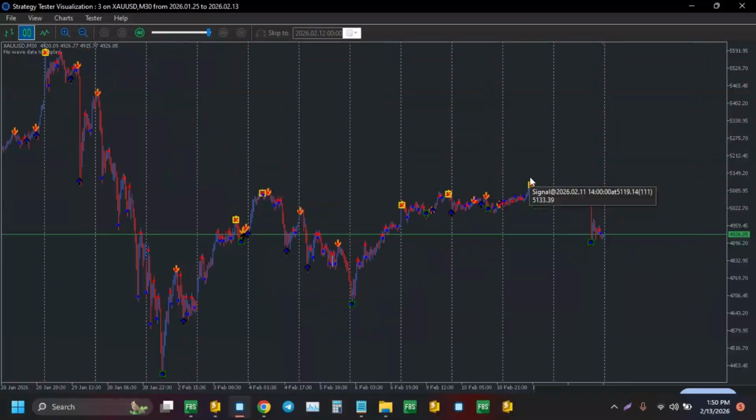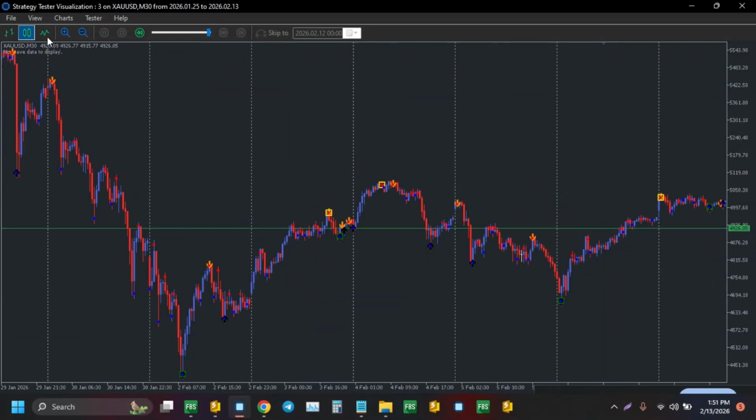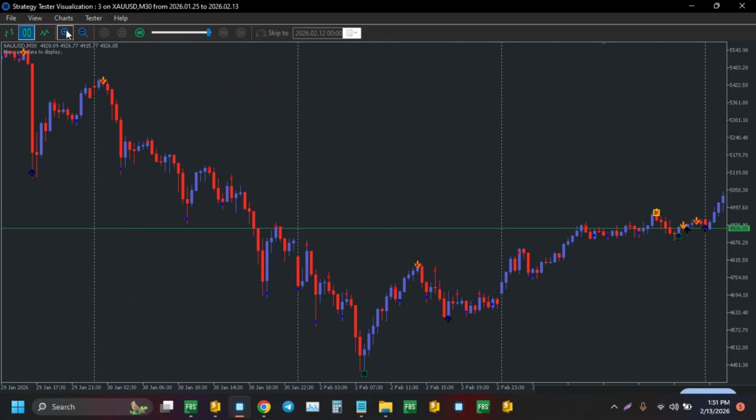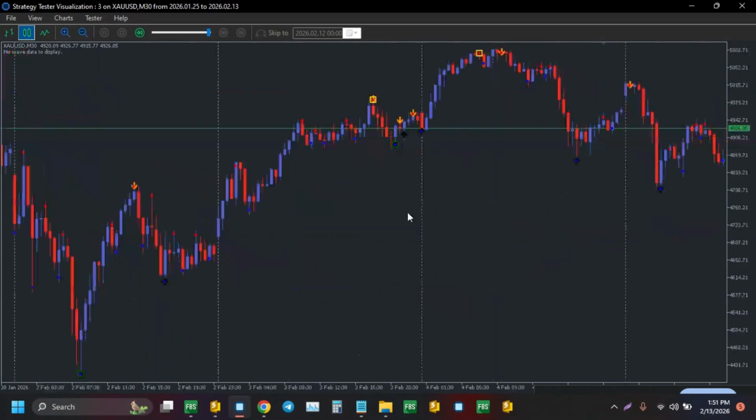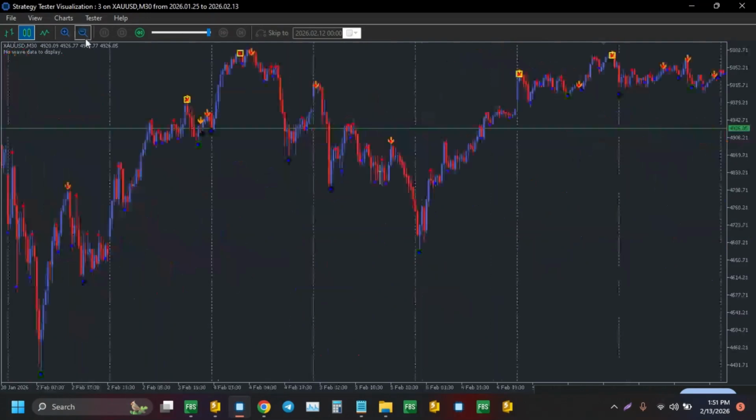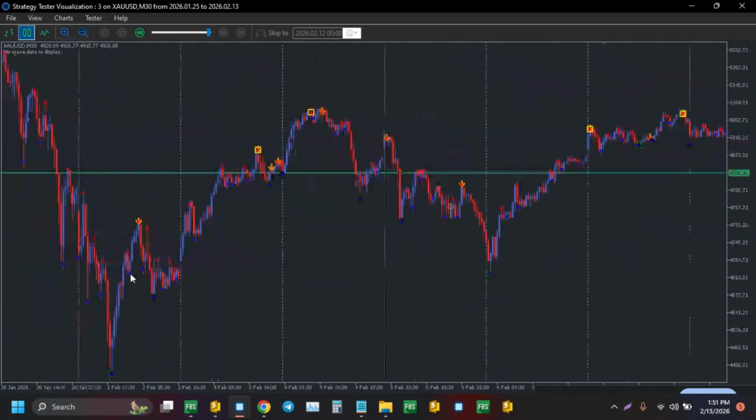Here is a closer look. For the A, you can see we have five clear waves. Yes, this is the A. You can see wave two was a deep correction, simple.